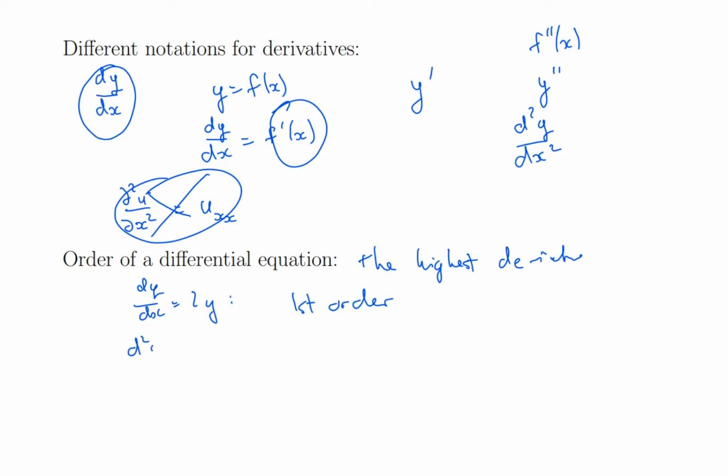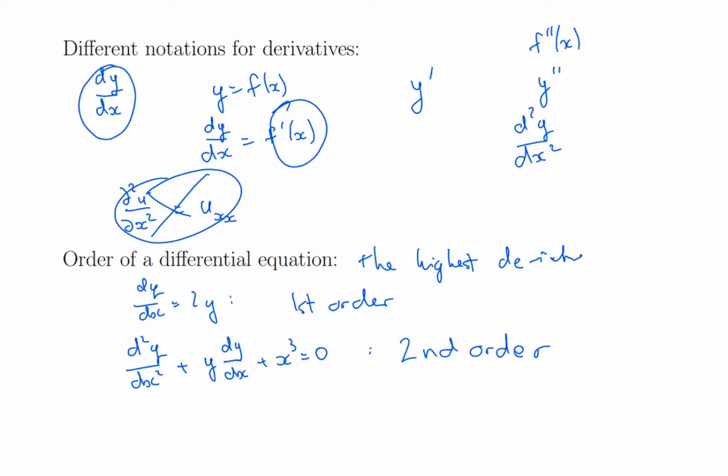If I have d squared y dx squared plus y times dy dx plus x cubed equals 0, getting a little bit more complicated, you just look along, look at all the terms that have derivatives in them. d squared y dx squared, that is a second order. And again, as you've probably guessed already, first order equations are much easier to solve than second order.